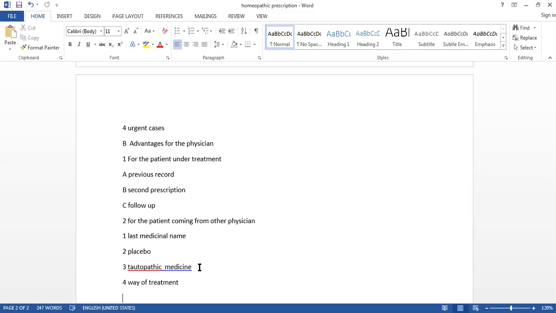You have to purchase it directly from the company. If the medicine is available from Schwabe, you can purchase it from Schwabe or SBL. They are not readily available. So if you want to use tautopathic medicine, you can purchase it from the pharmaceutical direct manufacturing company. So this is one way of treating by using the tautopathic medicine.